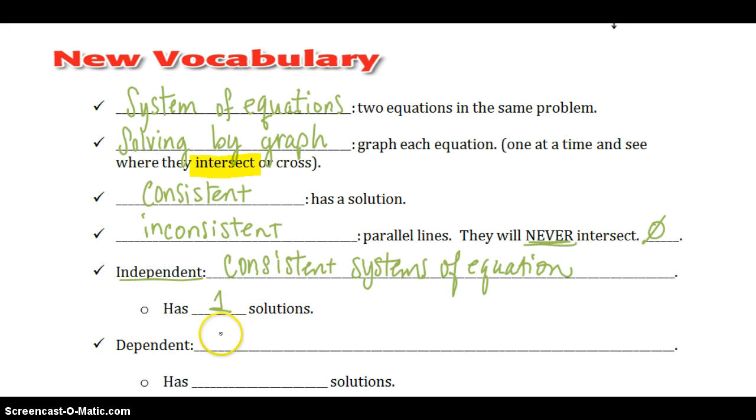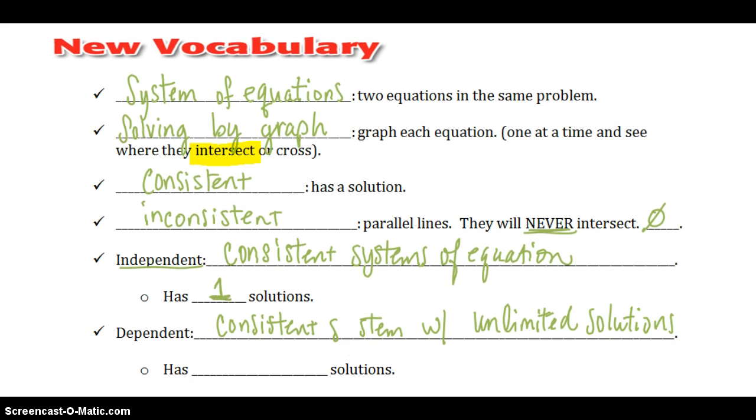Dependent systems of equations are also consistent. A consistent system, guess what? With unlimited solutions. Now what would that look like? We're going to talk about that. So if it's unlimited solutions, another word for unlimited is infinite. It'll have infinite solutions.